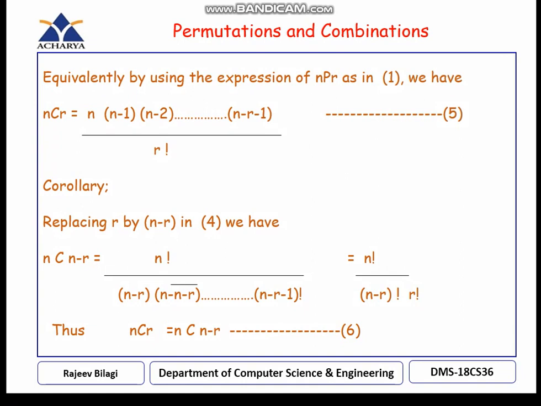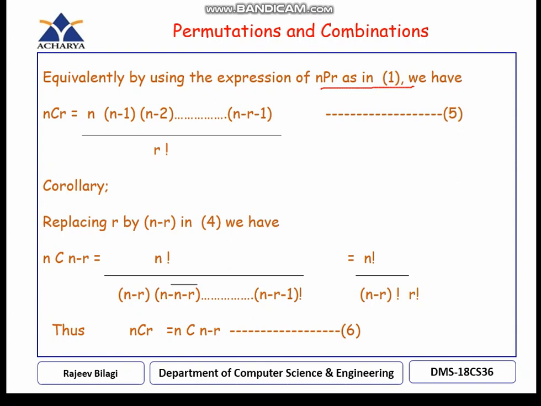Okay, so if you look at nPr as in equation 1, nCr is equal to n into bracket n minus 1, n minus 2, the same formula, divided by r factorial. So replacing r by n minus r in the previous equation number 4, you are going to get these two equations, that is n factorial divided by (n minus r) into bracket (n minus r).